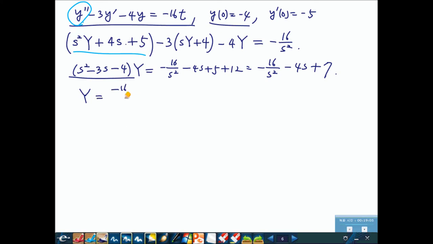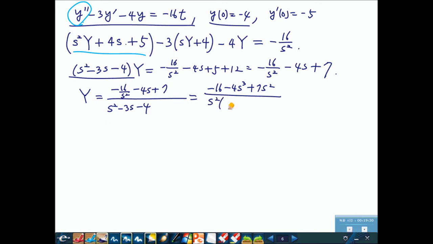So 1 over, minus 16 over s square, minus 4s plus 7, divided by s square minus 3s minus 4. You multiply s square, so every term: minus 4s cubed, plus 7s square. And s square, if you factor it out, that's what it is.